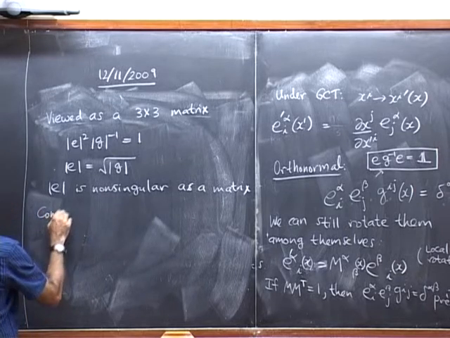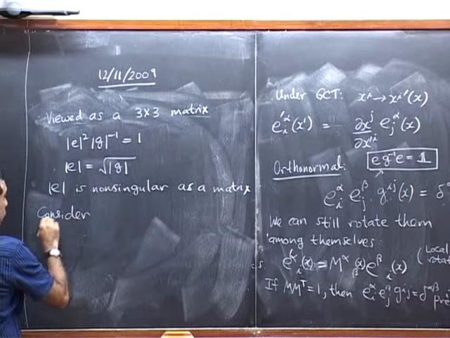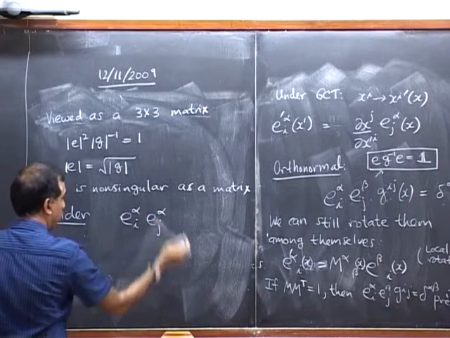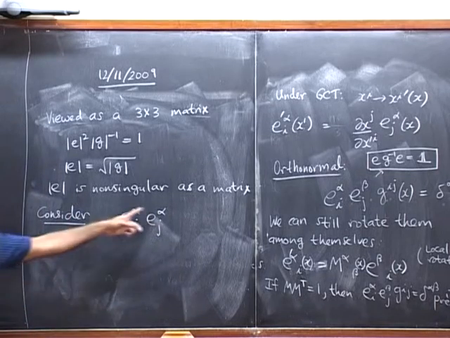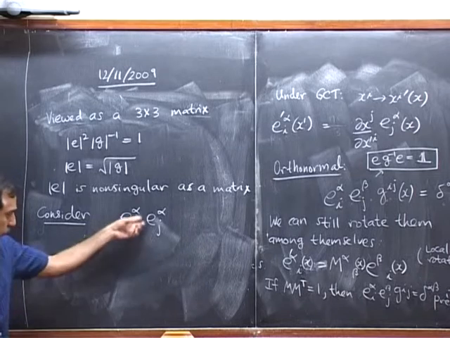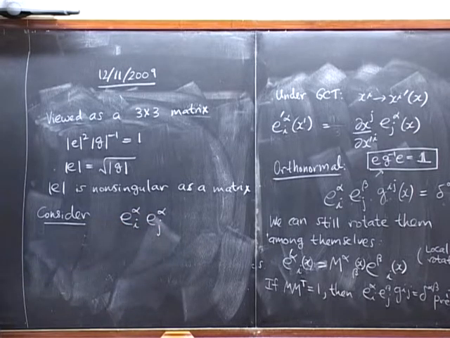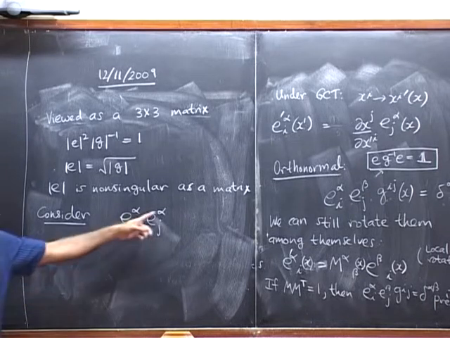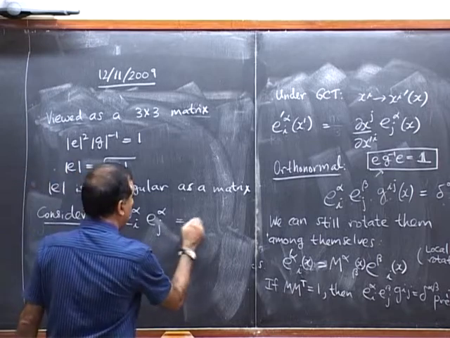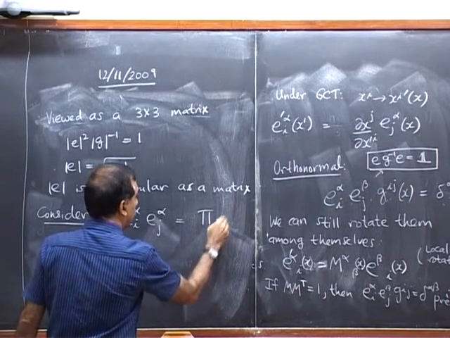Now consider the following combination: E I alpha, E J alpha, this time sum over alpha. I could put the sum, but I'll ask you to use the summation convention for the index alpha. We just sum over alpha going from 1 to 3. There's some matrix. I'll call it pi ij.